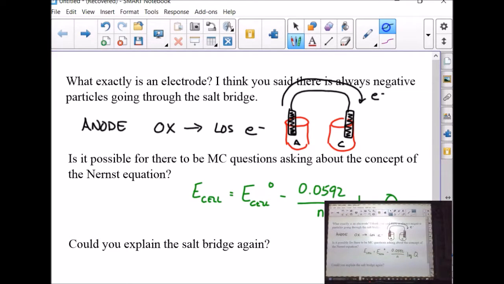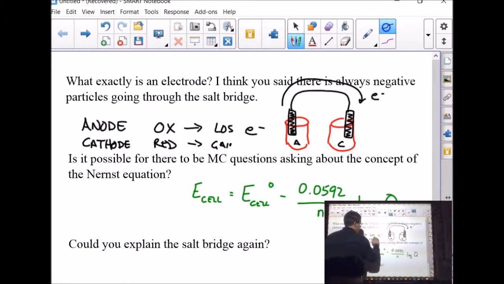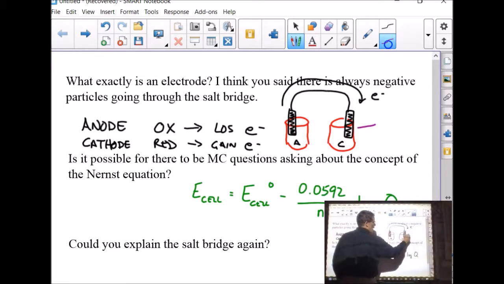And if the cathode is the site of reduction, then that means that it's gaining electrons, correct? So a typical AP exam type question might discuss mass. If this is the anode and this is the cathode, what could we say about the mass of the cathode?